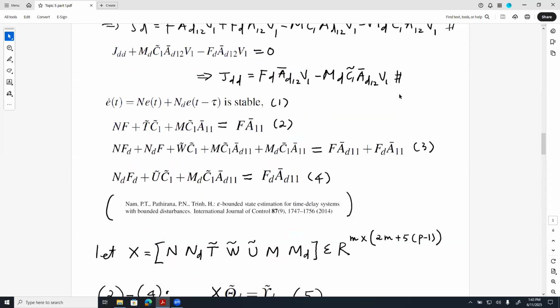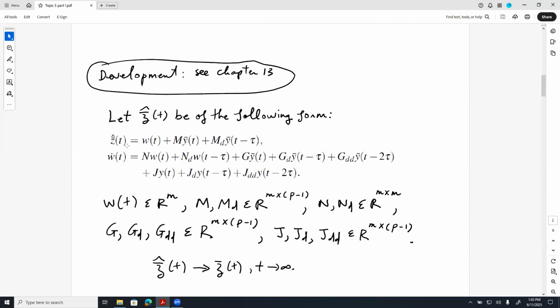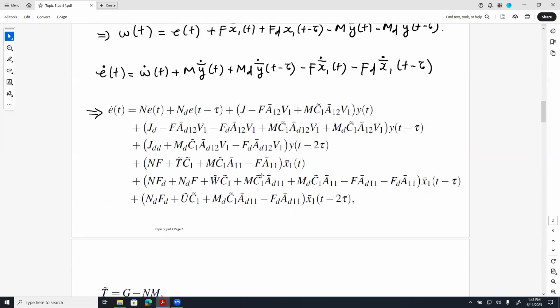In fact, we ensure that if the error dynamic equation involving n is stable, then we can guarantee that the observer works for all values of delay time. So when this is zero, we call it an observer without internal delay. That's the terminology used in the literature.